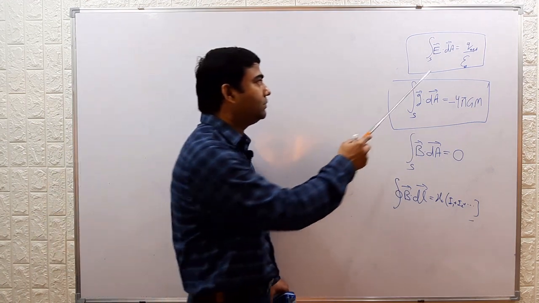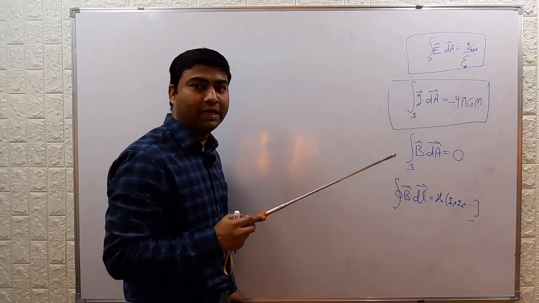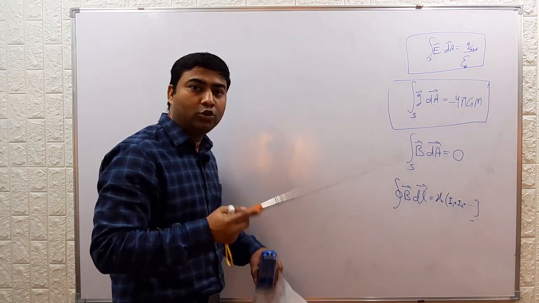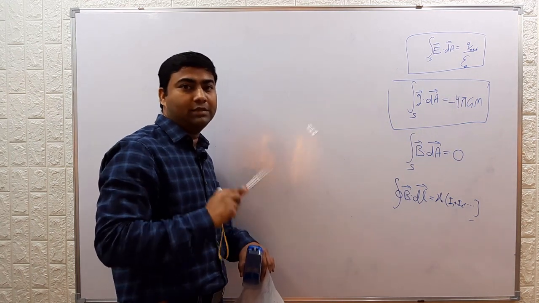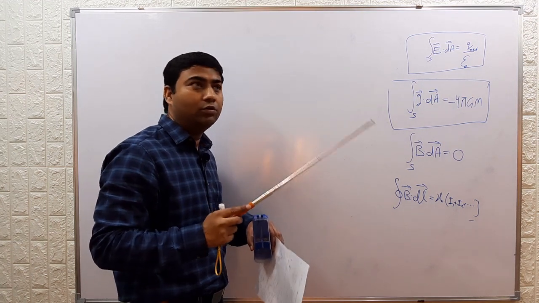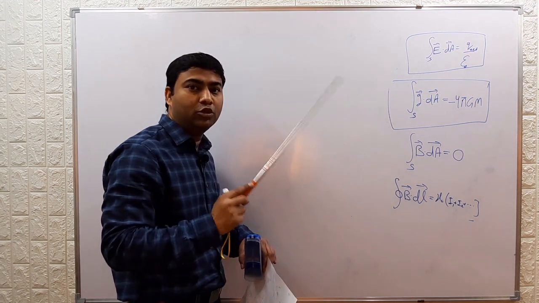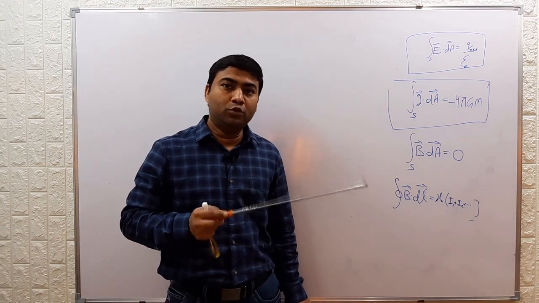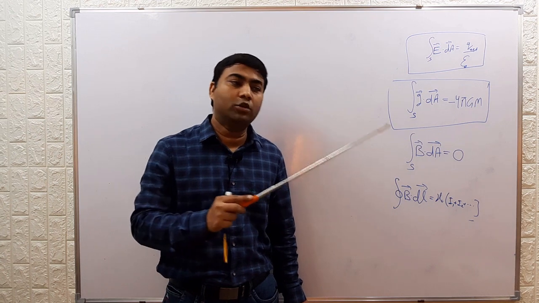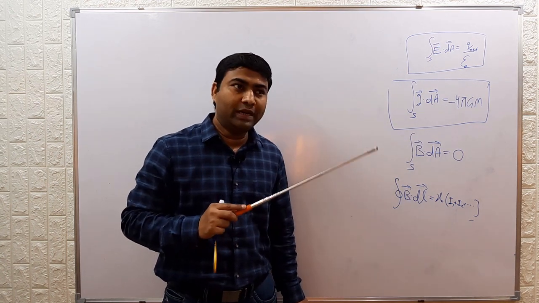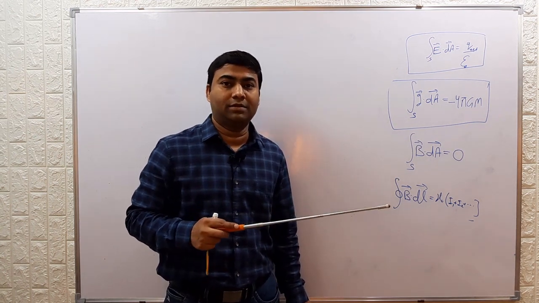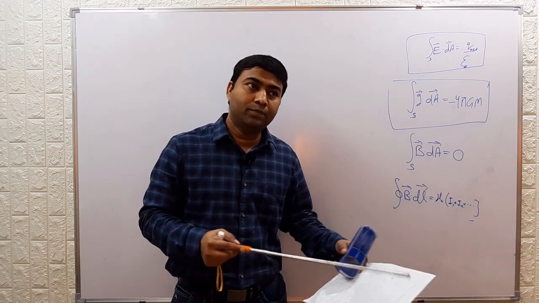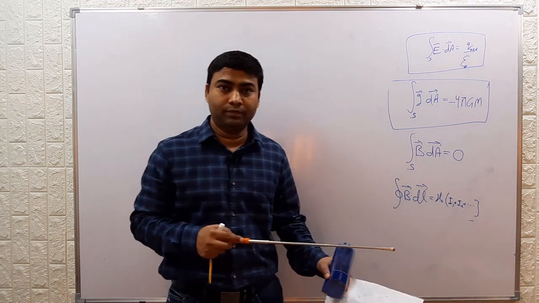So in Gauss's law, you have to select Gaussian surface so that the dot product of area vector and field throughout the surface can be found without integration. That is E dot A. E dot A is simple only when either both vectors are perpendicular, then their dot product will be 0, or both vectors are along the same direction or along the opposite direction, then their dot product will be the product of their magnitudes only.